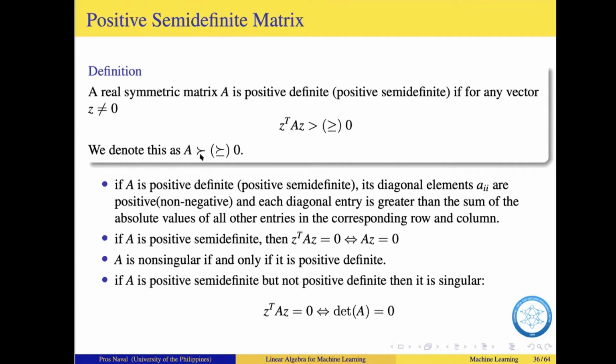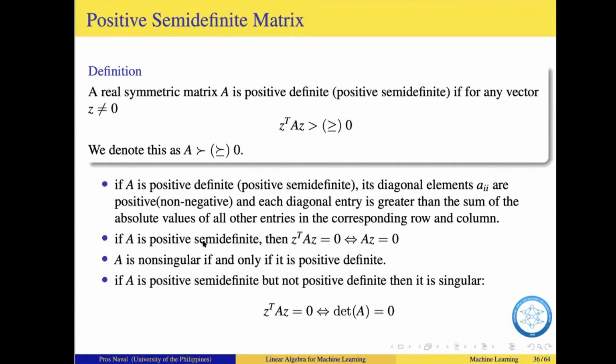The succeeds symbol, or greater than, or greater than or equal symbol. If A is positive definite, its diagonal elements are positive, and each diagonal entry is greater than the sum of the absolute values of all the other entries in the corresponding row and column.